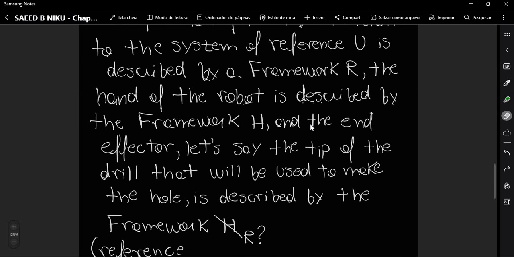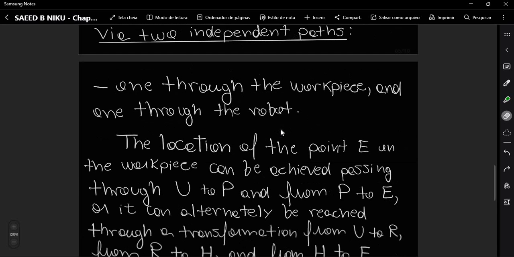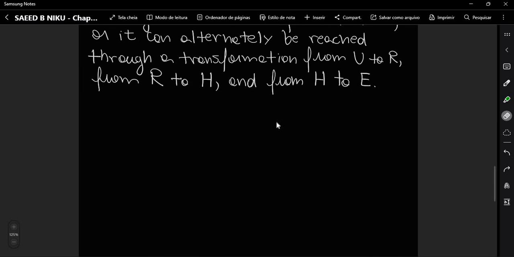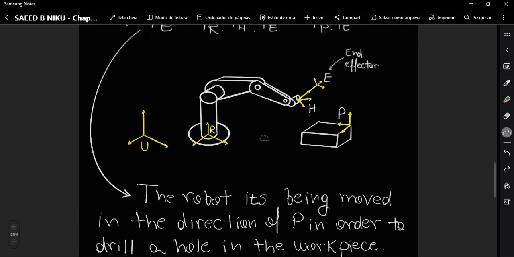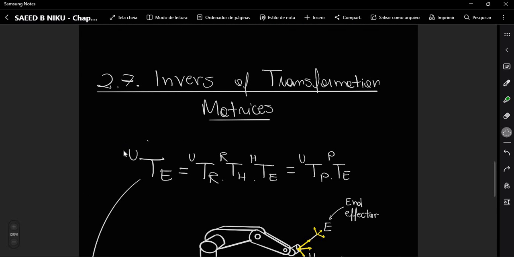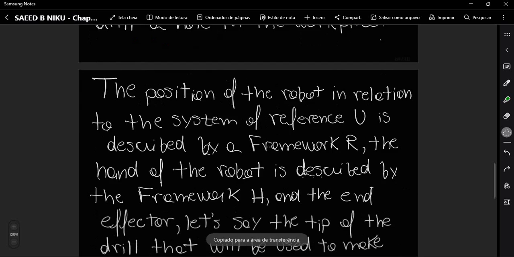Right here, I have just written what I have said to you, which is in the book also. And we need to solve this equation, which tells us how the robot will do this job.